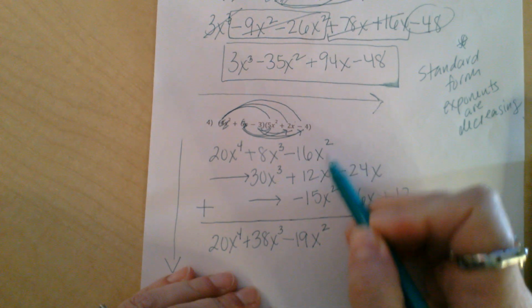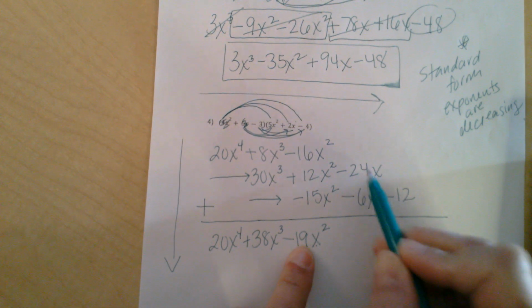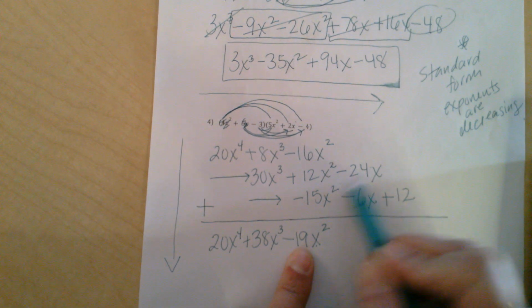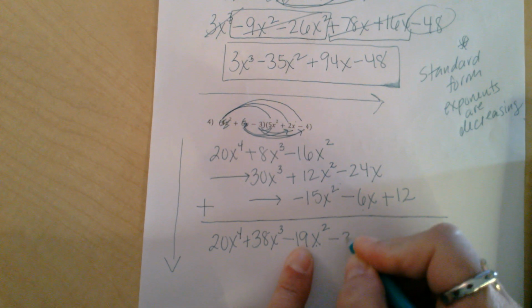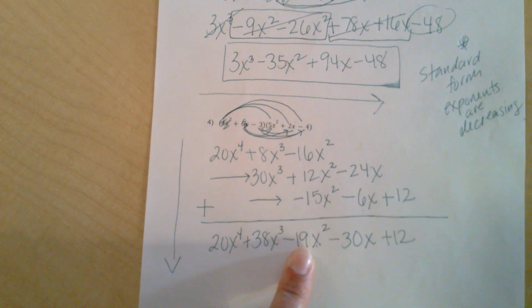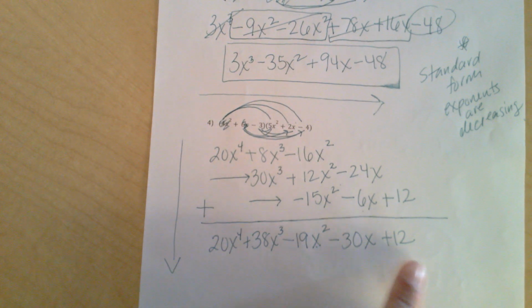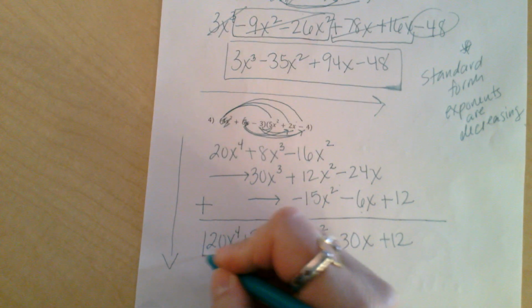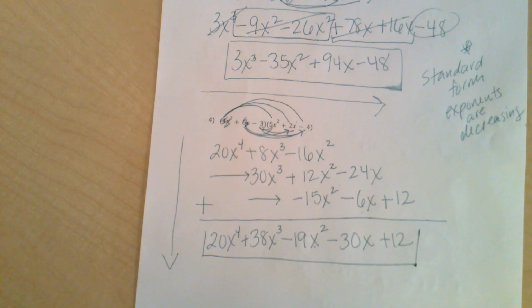Don't forget x squared. Okay, negative 24 plus a negative 6, or you could do negative 24 minus 6, is going to give us negative 30x, and then nothing to combine with our plus 12. Descending order, so standard form, no other like terms. This is our answer right here.